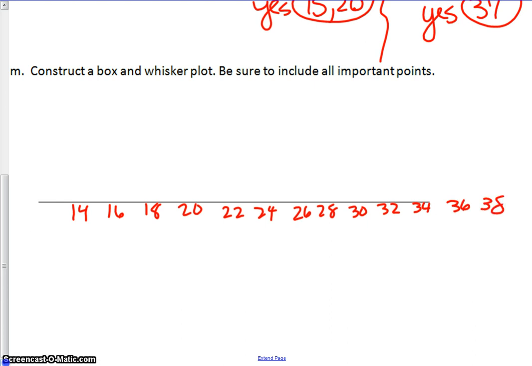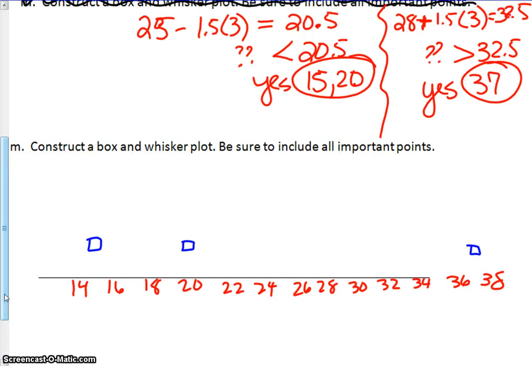The way we traditionally show outliers, we had an outlier at 37, one at 15 here, and one at 20. Those were considered our outliers, and you kind of ignore them when you're doing the other points. I understand if you didn't ignore the outliers, but by ignoring them, your values would be here. 26 is another value, 28, and then this one would be right at 32, I think.